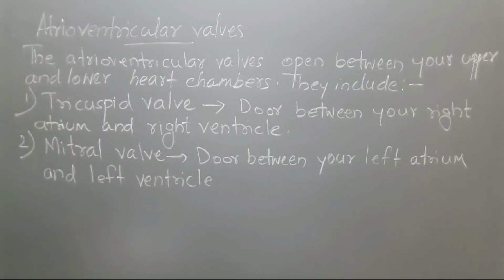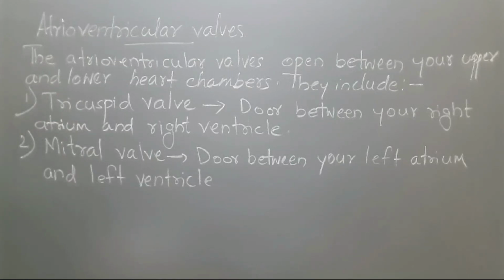Atrioventricular valves open between your upper and lower heart chambers. There are 2 atrioventricular valves: one is the tricuspid valve, another is the mitral valve.